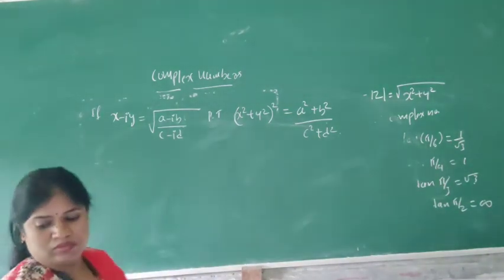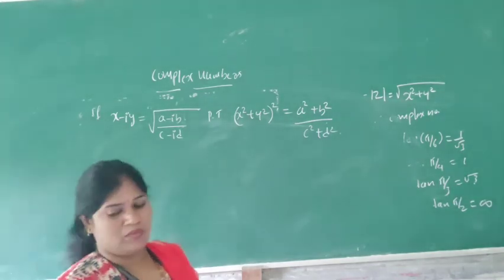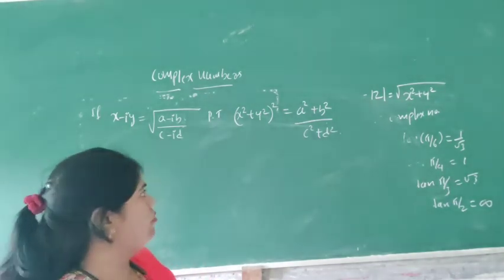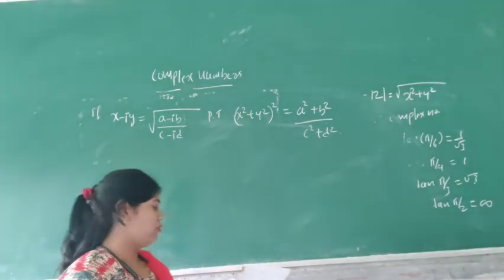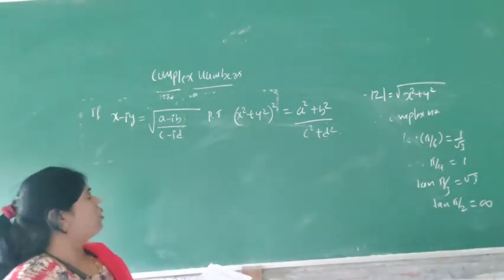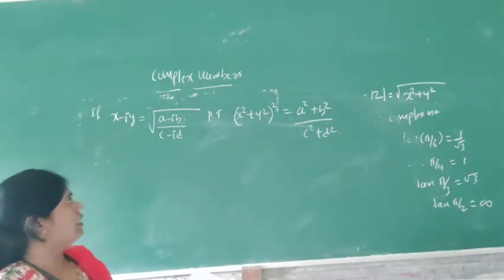We have done this in a previous example, so this is similar to those kinds of examples. So x minus iy is equal to the square root of a minus ib divided by c minus id.